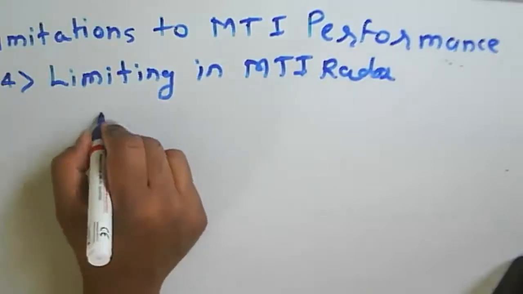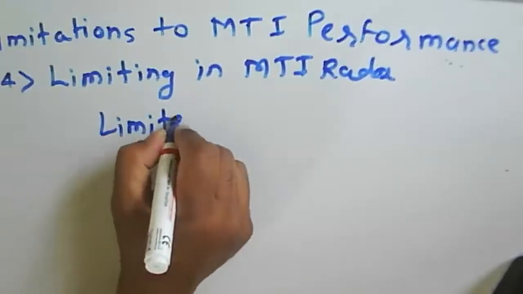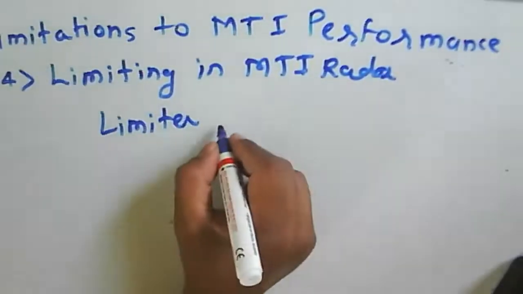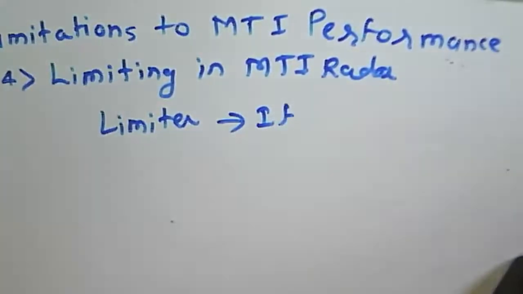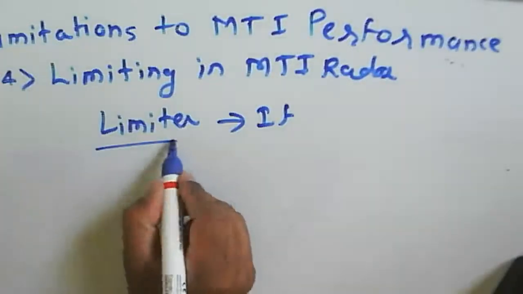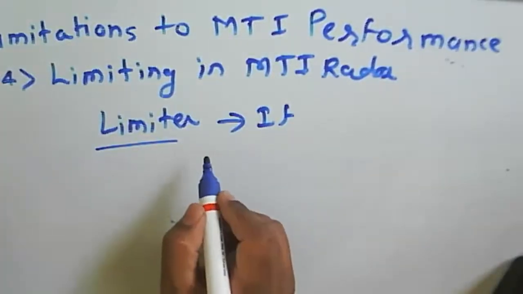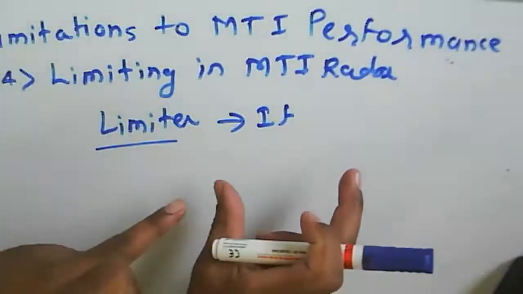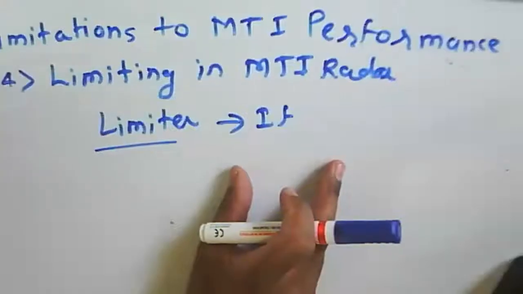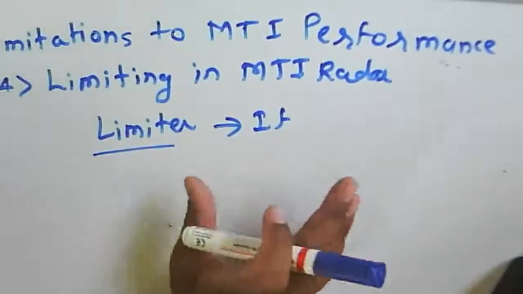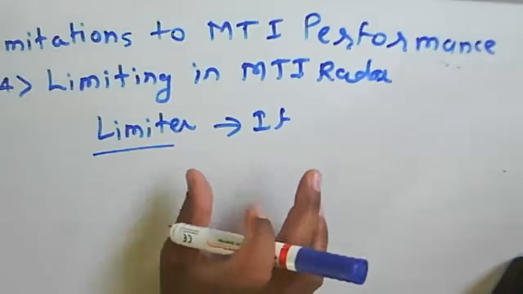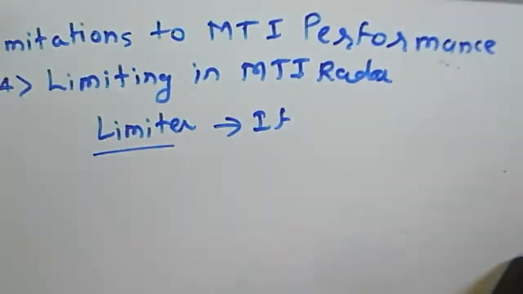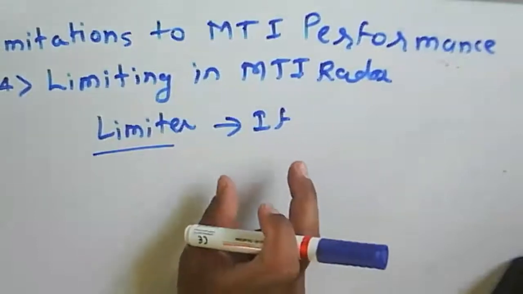We consider that a limiter is used in the IF amplifier so that it will limit whichever echoes we are receiving from the clutter there. There will be large clutter echoes we are getting, and those large clutter echoes can be limited by this IF here.